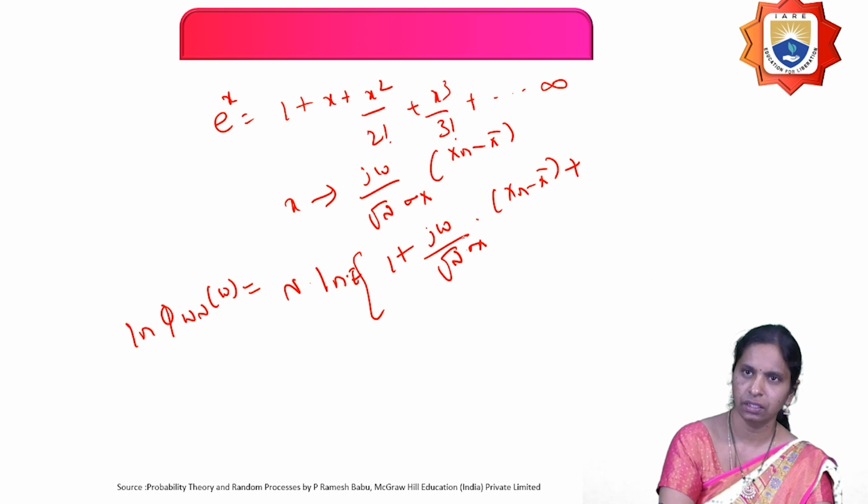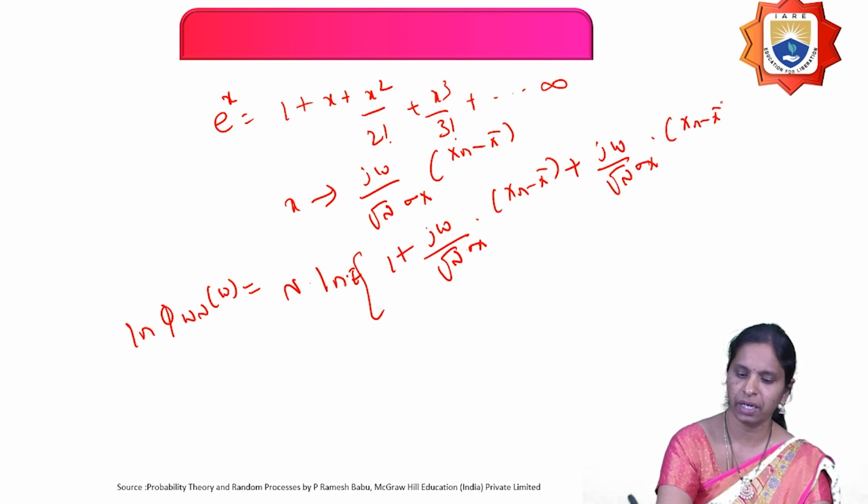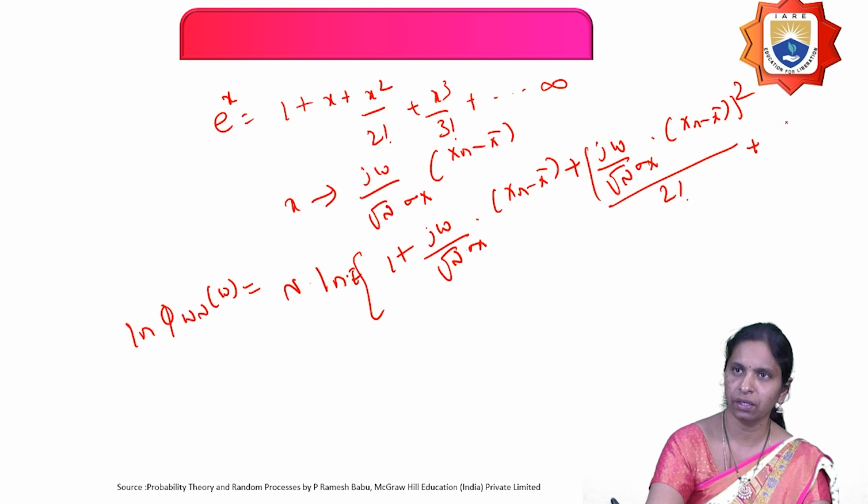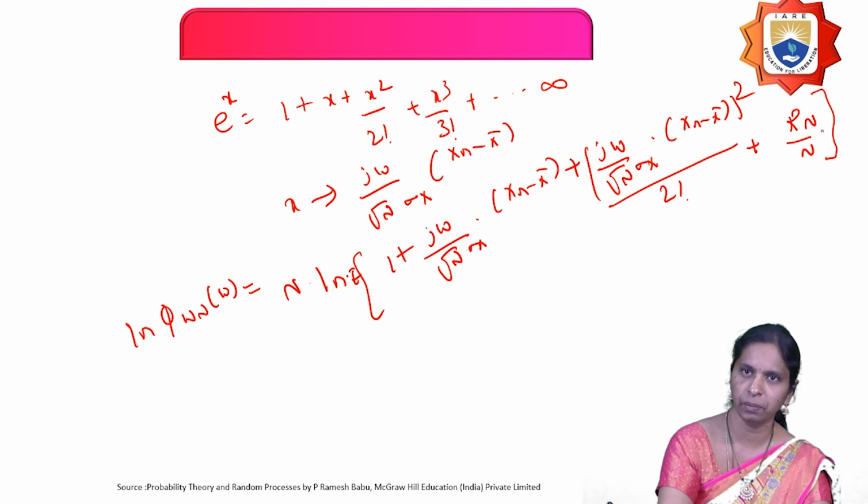So this is x, and x square by 2 factorial is j omega by root n sigma x into xn minus x bar whole square by 2 factorial, plus the remaining terms. I am writing the remaining terms as Rn by n, where Rn is the remaining n terms.